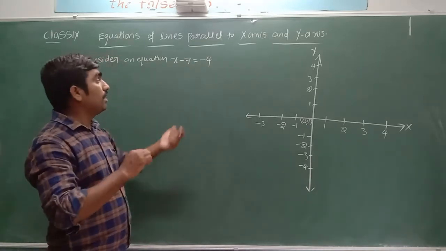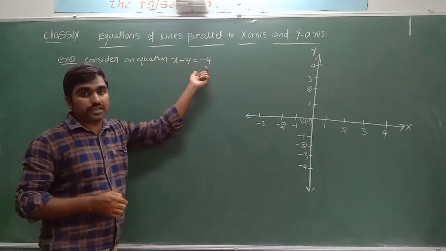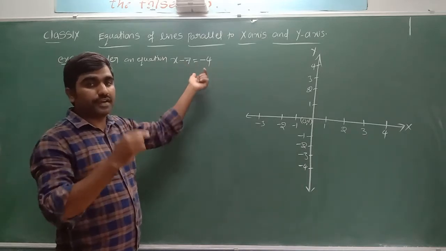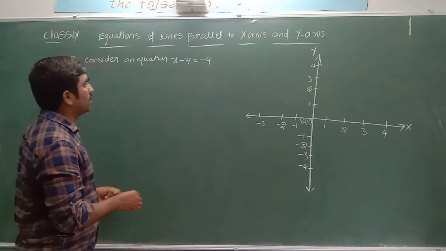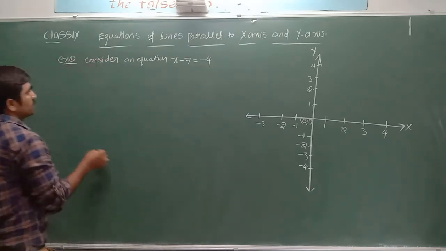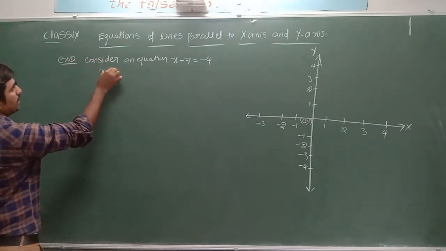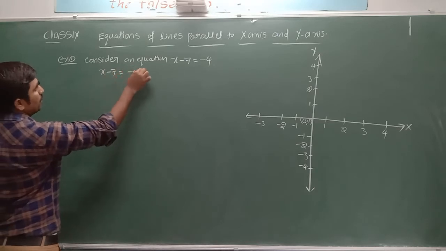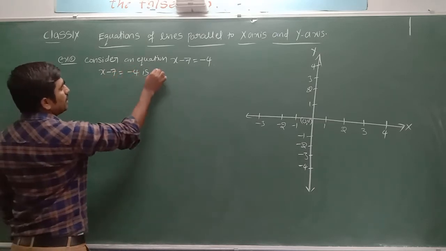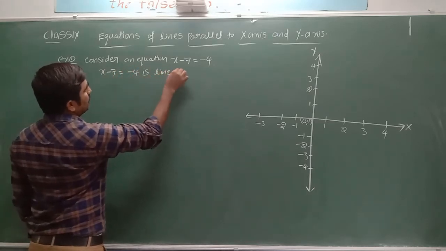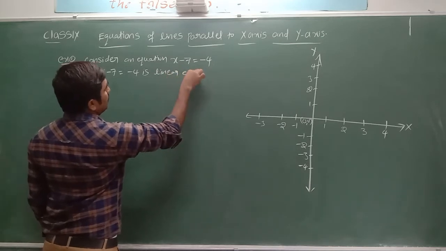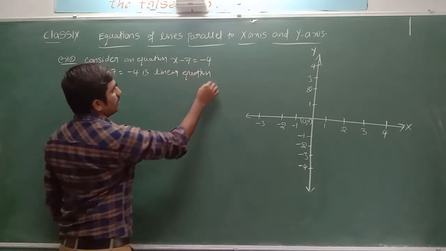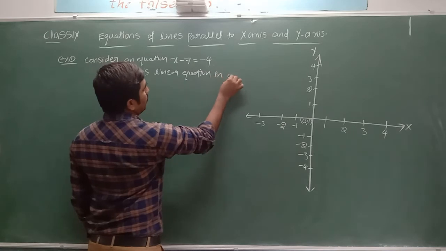We already learned that the solution of a linear equation in one variable is unique. It has only one solution. Sorry, x minus 7 is equal to minus 4 is a linear equation in one variable.